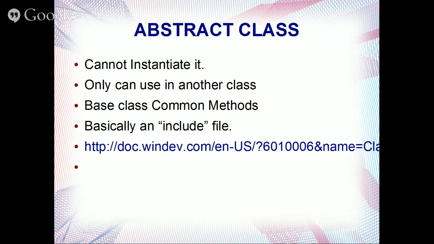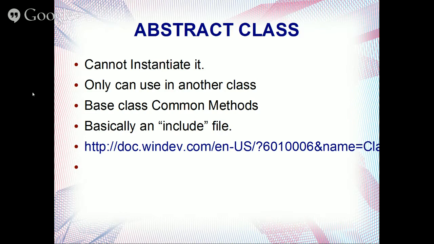So it's basically an include file for us old farts who used to use include files. That's what it is. What is the purpose of this? Let's go through that a little bit.